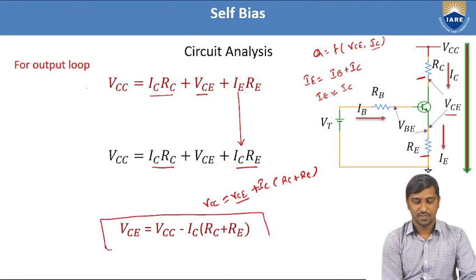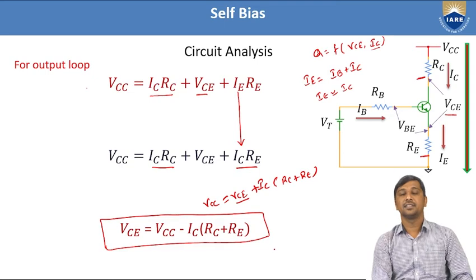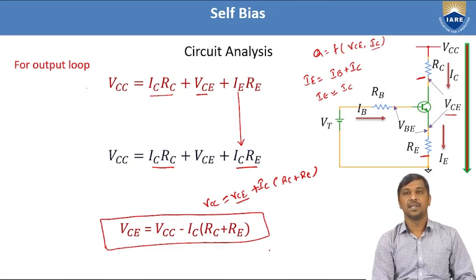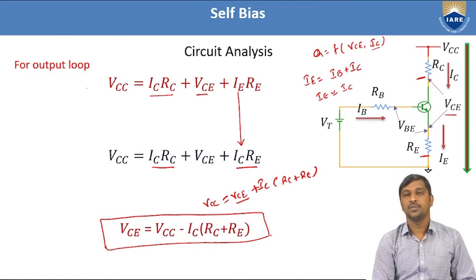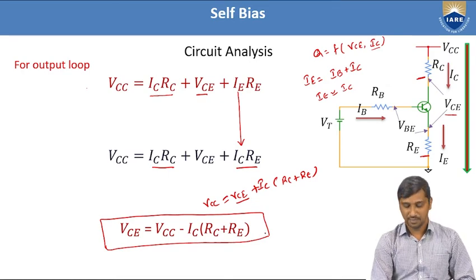So this is the output voltage between collector and emitter in terms of your biasing components and the biasing sources. So up to this point, we observed the Q point parameters, the collector current and the output voltage between collector and emitter. Now we need to identify whether it maintains a stable Q point or not. For this case, we are going to calculate the stability factor S.